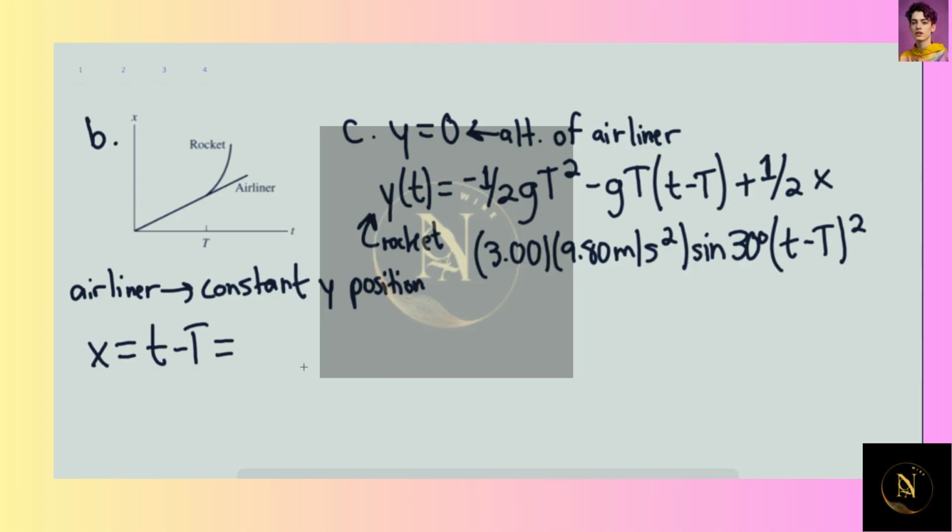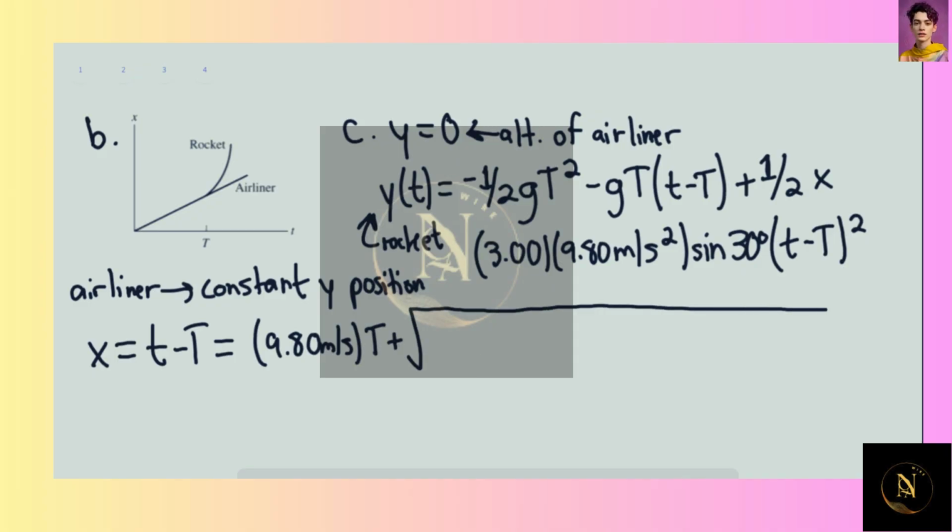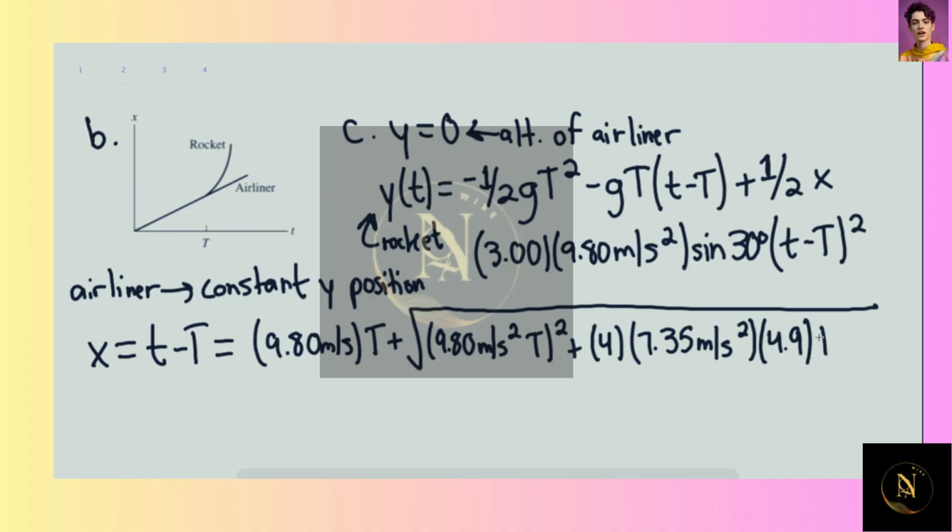This is essentially going to be equal to 9.80 meters per second multiplied by T, plus the square root of 9.80 meters per second squared times T quantity squared plus 4ac, so 4 times 7.35 meters per second squared multiplied by 4.9 times T squared, divided all by 2 times a, or in this case 2 times 7.35 meters per second squared.